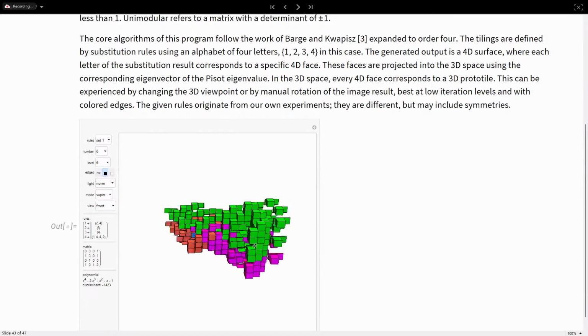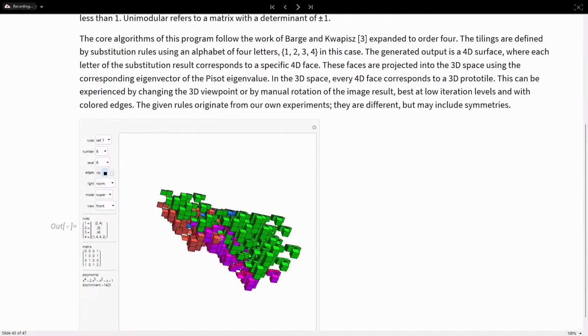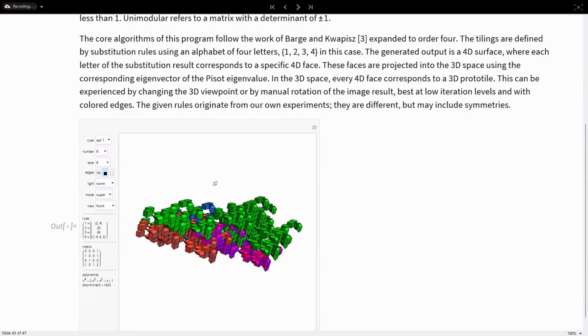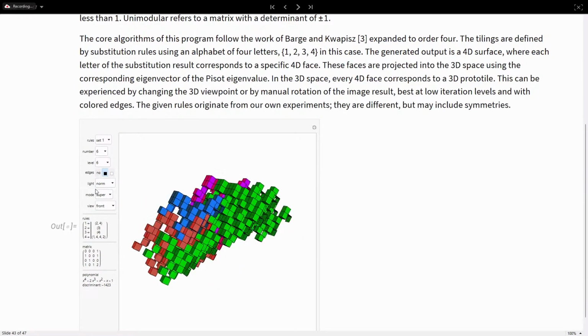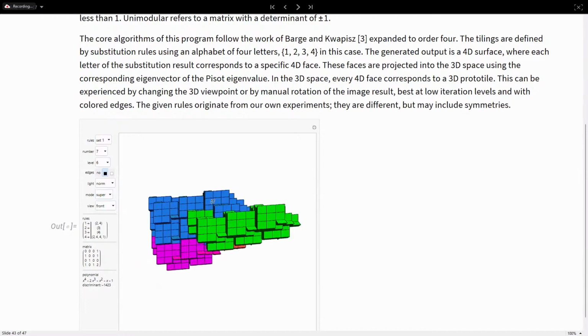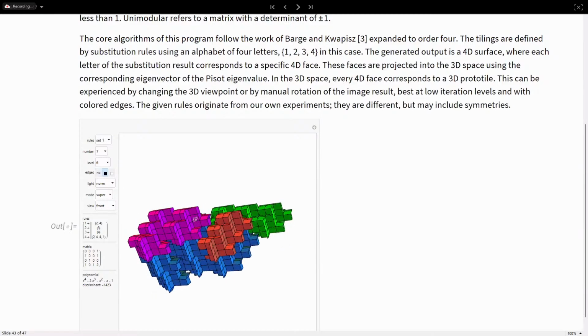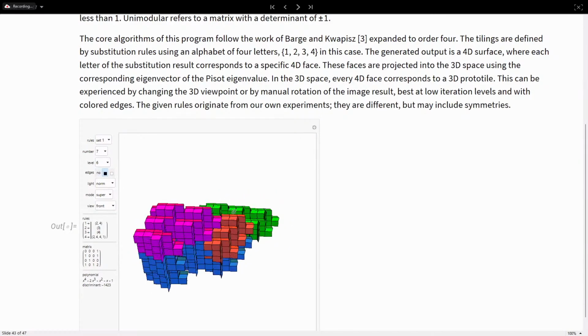Let's see if we can get a high order one here. The different colors here make similar shapes, which all equal the larger shape together.